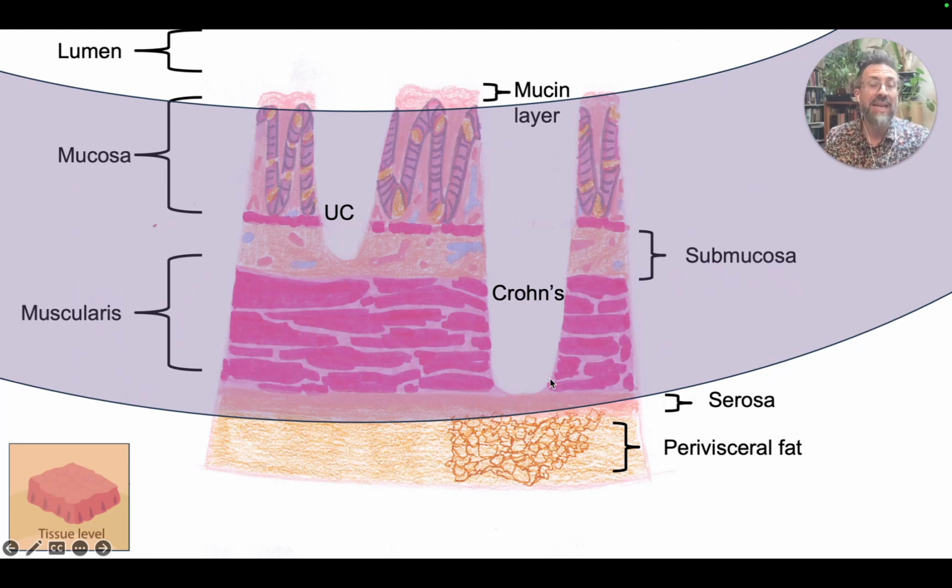And sometimes they can even go so deep that they bust through the serosa and the perivisceral fat, and they bust through intestinal tissue, and you have what's called a perforation. So food from the lumen can go all the way through that ulceration into the abdominal cavity where food should never be, and that can be very dangerous. So ulcerations can go deep in ulcerative colitis, and they don't always, but can go even deeper for patients with Crohn's disease.